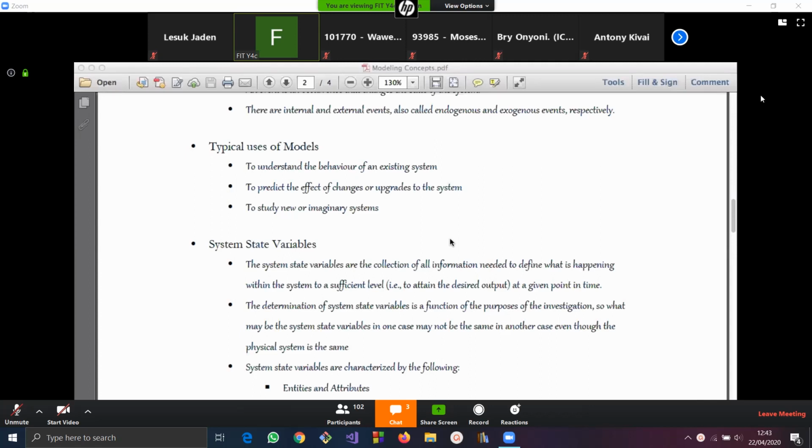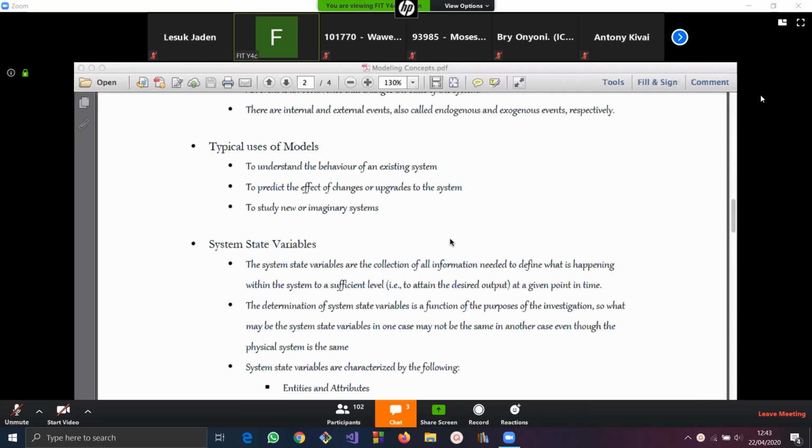Is it the stock flow and that kind of thing? So for me to know what state variables I need, I need to know the purpose. What may be the system state variable in one case may not be the same in others, meaning that the variables will change depending on the circumstance.